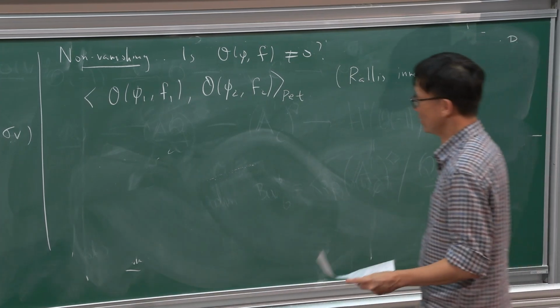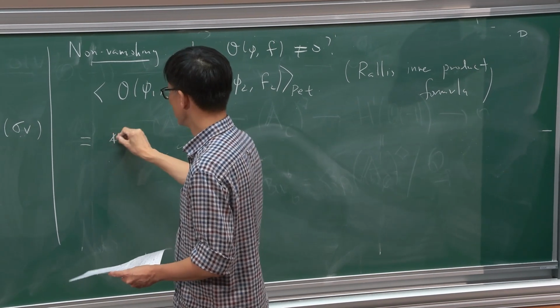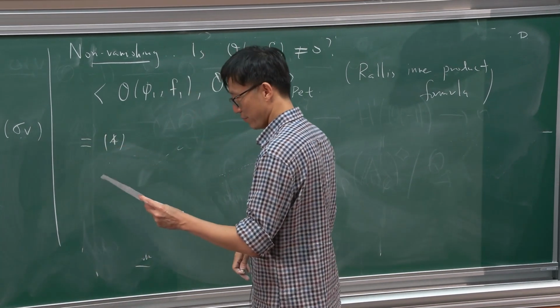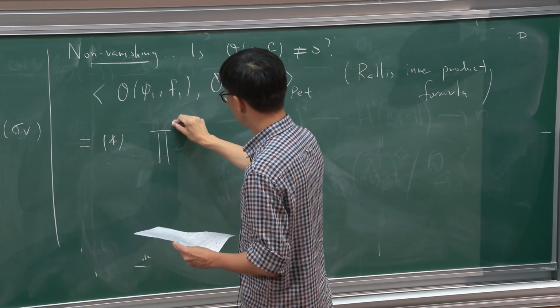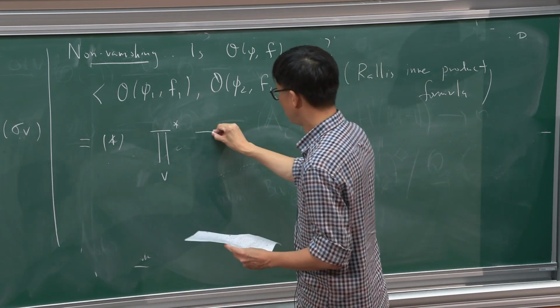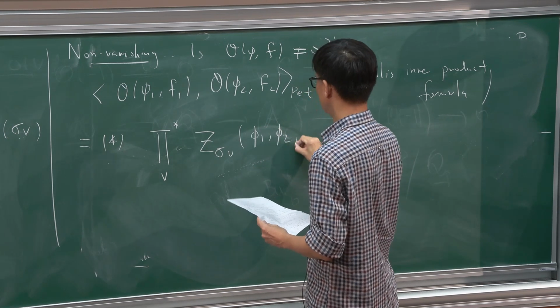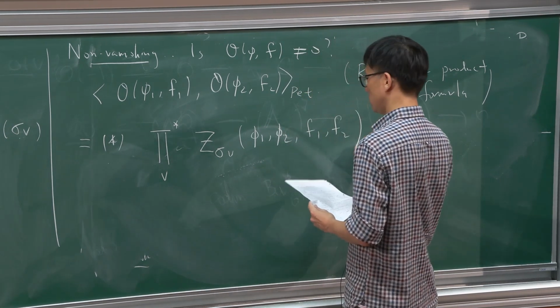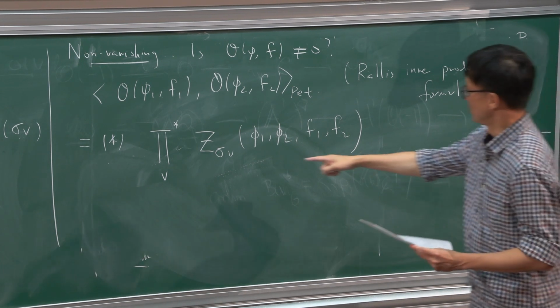Okay, so the answer is of the following form. There are some constants that I don't want to bother with, but otherwise it is a regularized Eulerian product of these guys. What are these guys?